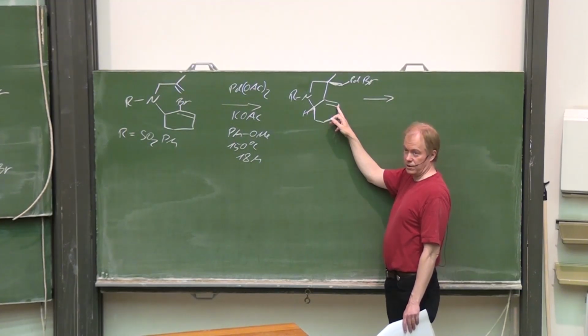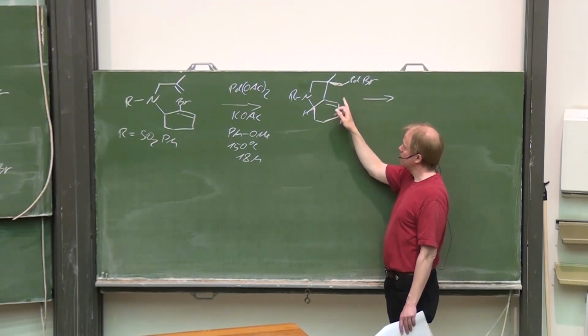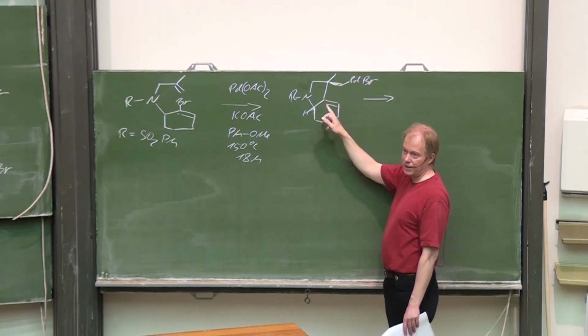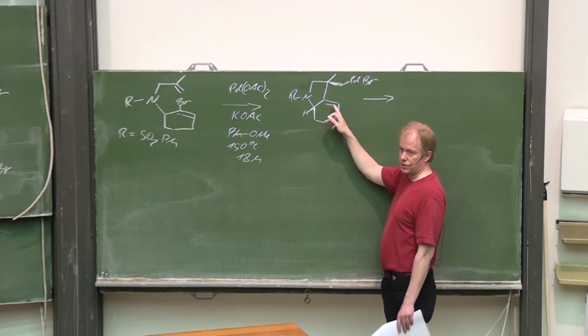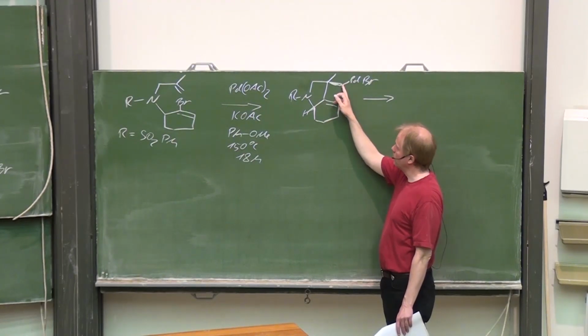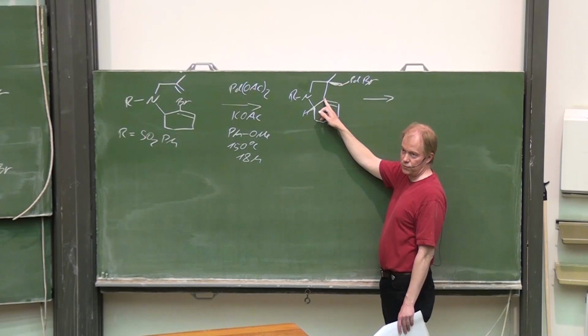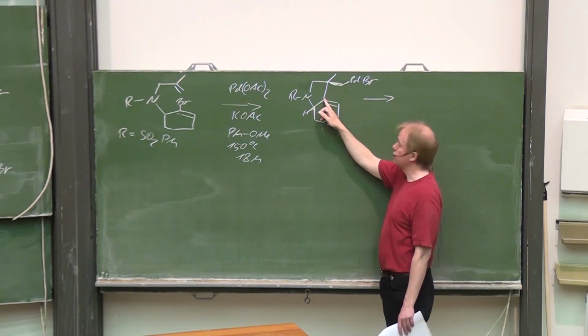So where will we get the CC bond formation? To this position would be a 4-endo-trig cyclization or a strained cyclopropane formed by a 3-exo-trig cyclization. And indeed, the latter one is preferred.